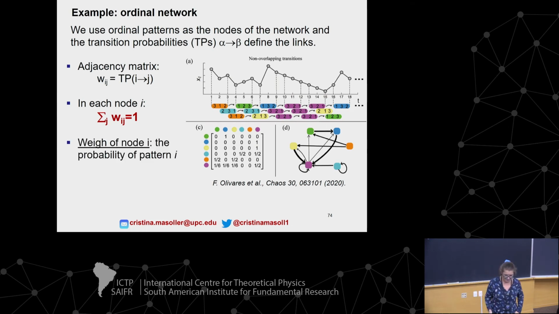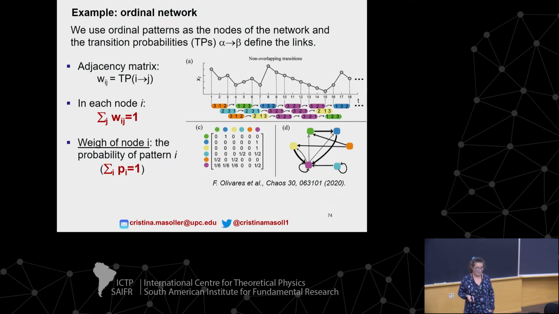And this is the weight of the links. I can also have the weight of the node, how often that node appears in the time series. And adding all these probabilities should give me 1. So we have a set of probabilities in each node. These links are such that those going out add to 1.